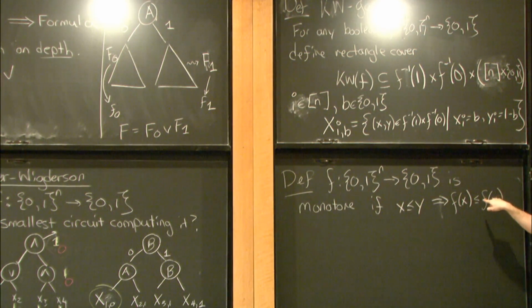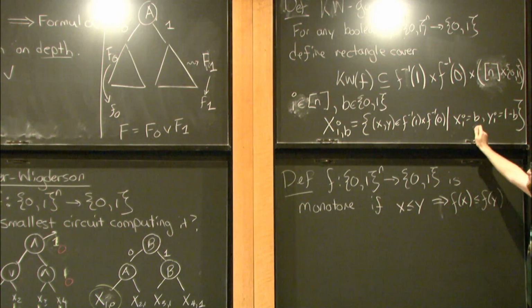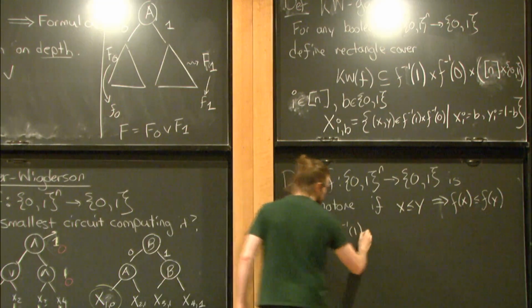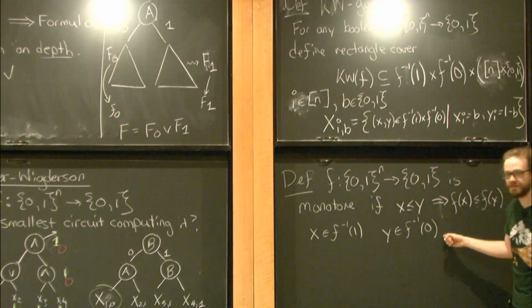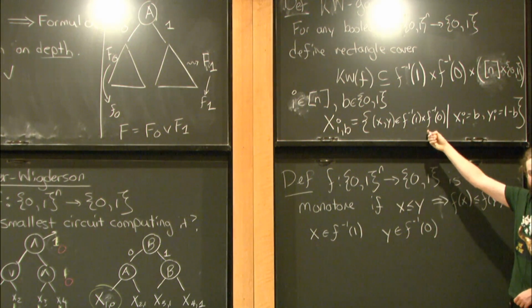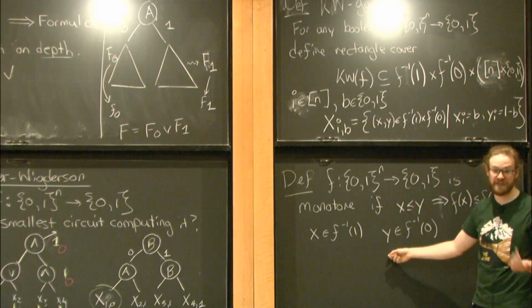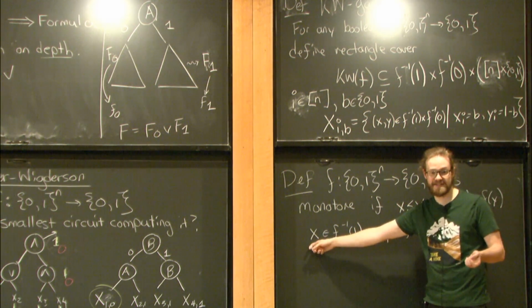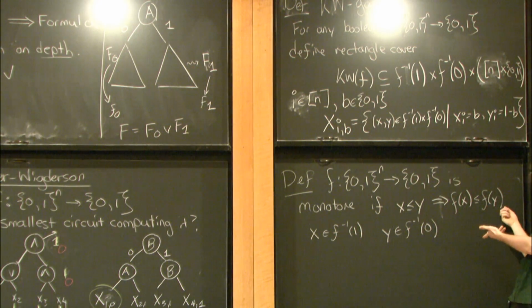Okay, so once we make this restriction, there's a very natural restriction to make on this Karchmer-Wigderson game. The natural restriction is the following. If I have an input x, which is a 1 of the function, and another input y, which is a 0 of the function, certainly there's a place where they have to be different. But moreover, there's going to be a place where x is 1 and y is 0. Because otherwise x would be less than y, and then y would be 1.